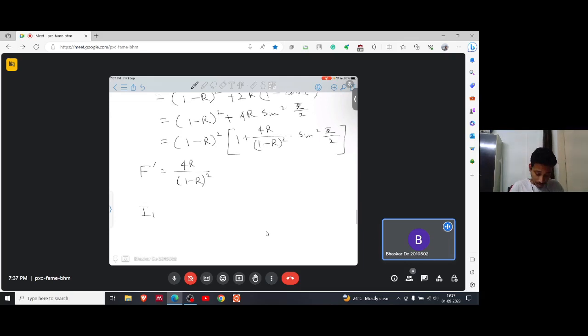Then we can write it as I naught t square by 1 minus r square, sorry, 1 minus r whole square, times 1 by 1 plus f dash sine square phi by 2.